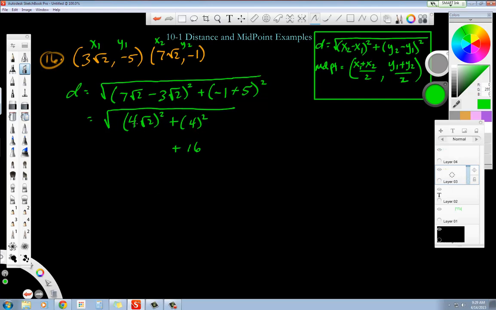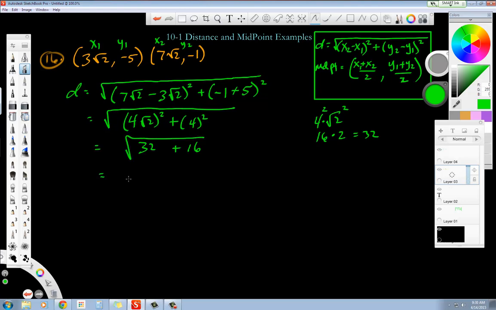And over here, if you're like, how do I do that? Then 4 radical 2 squared is 4 squared times radical 2 squared. So that's 16 times, because there's a times there, radical 2 squared, which is radical 2 times radical 2, which is 2. And that's 32. So this is 32 plus 16.